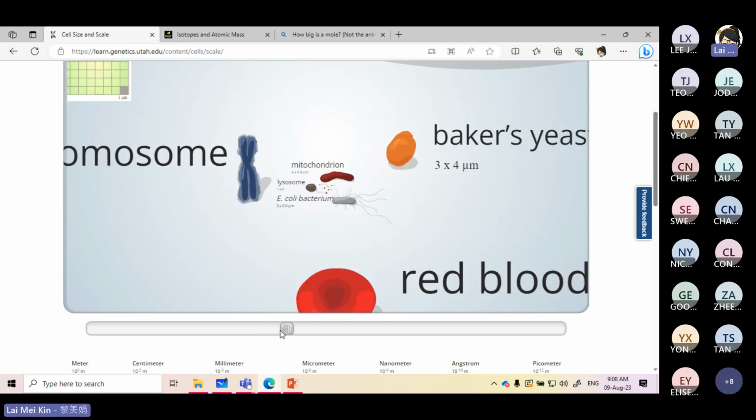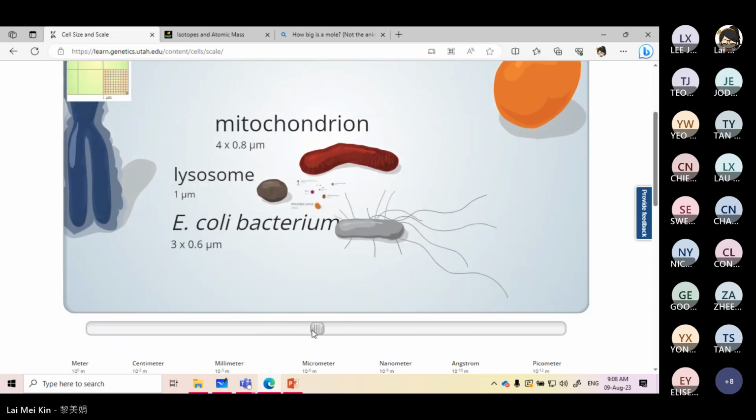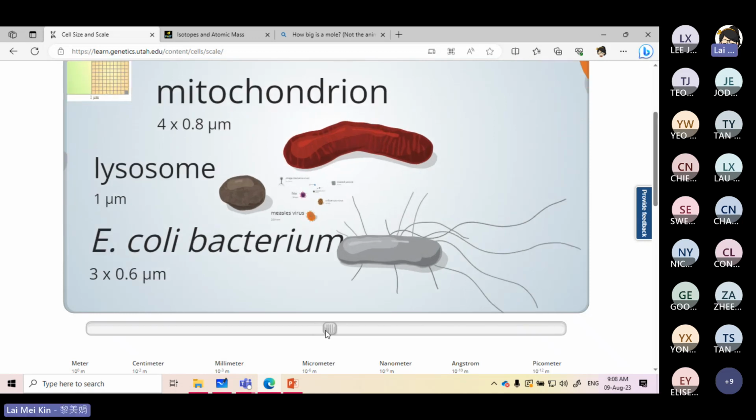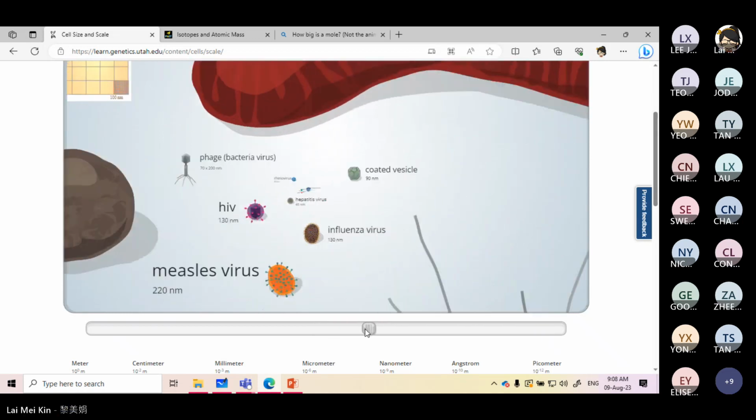Then you zoom in further, you have mitochondria. Inside the cell, you zoom in, you will have what we call organelles. Mitochondria help to produce energy. So this is even smaller and smaller. Microscopes maybe can't even catch it. And then E. coli bacteria, what causes stomachache?